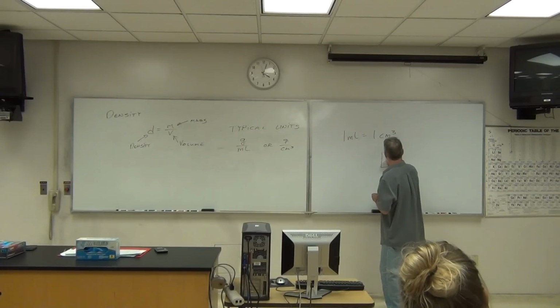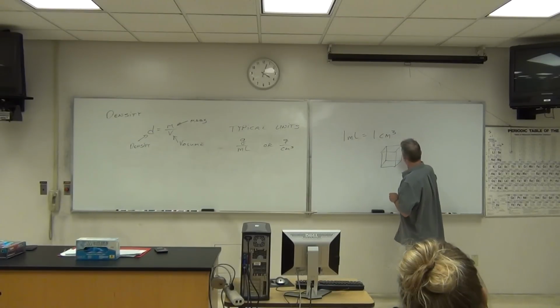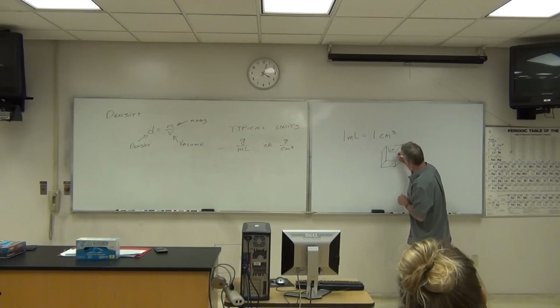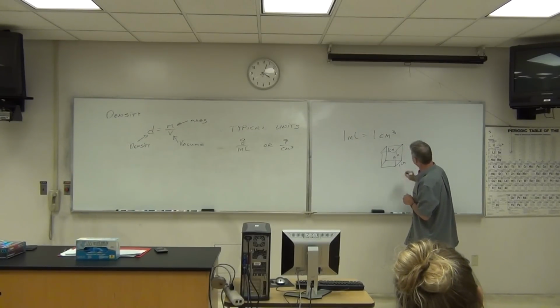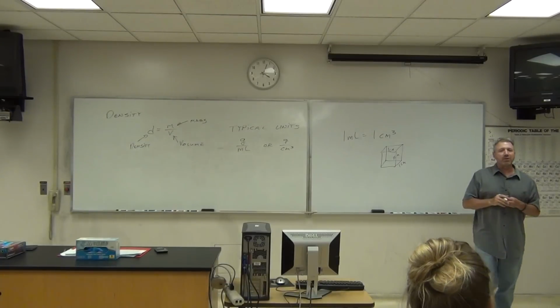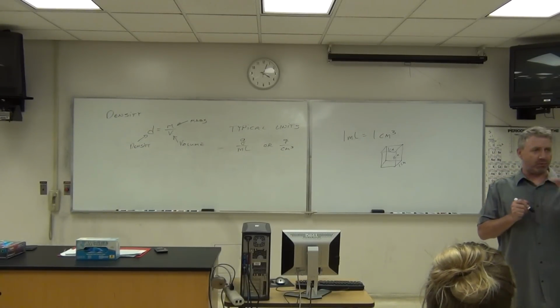Do it a different way. A cubic centimeter is just what it sounds like. It's a cube that measures 1 centimeter by 1 centimeter by 1 centimeter. It looks very similar to a sugar cube.